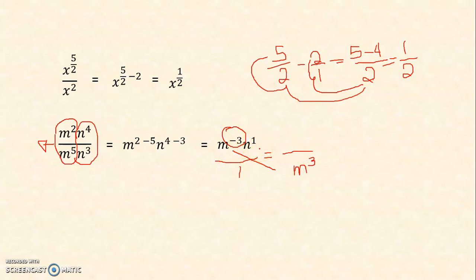Do we need to move down n? No. Since the exponent is positive, you now have n raised to 1. Do we need to write the 1? No more. So you have n all over m raised to 3. That is the answer.